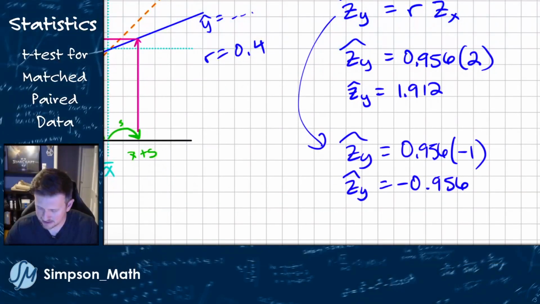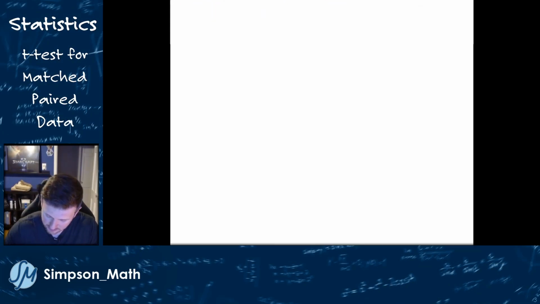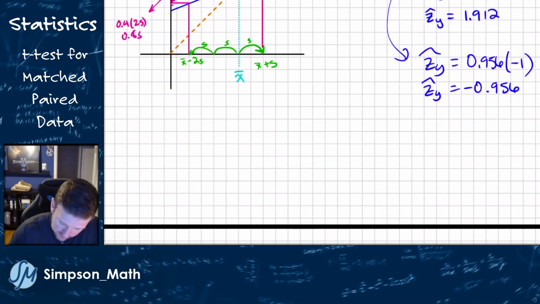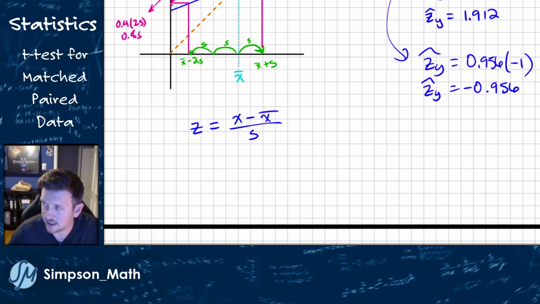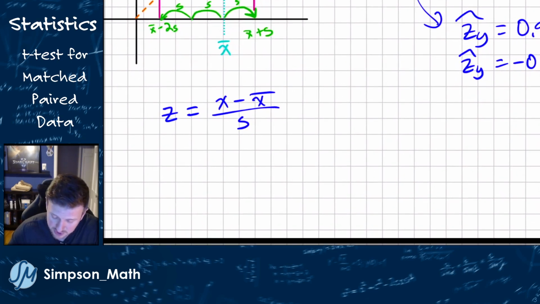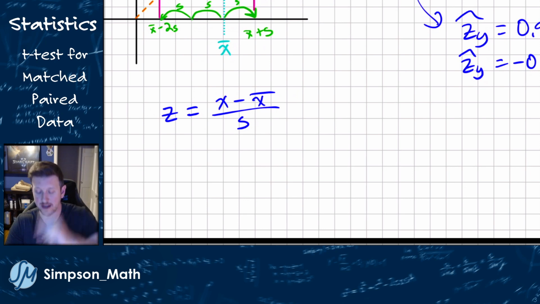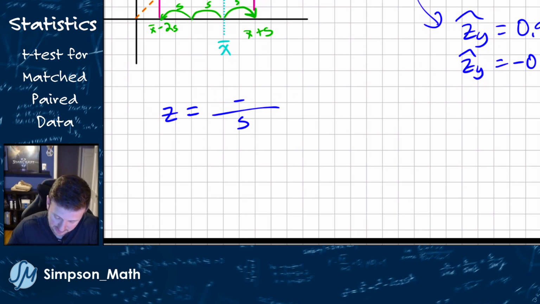The first one is conceptual. Let's just talk about z-scores, because that's what we're doing here. Recall that the z-score formula is z equals some observed value minus the mean, over our standard deviation. I'm going to make 2 adjustments because I'm talking about y values. My x is 2 standard deviations up, and I'm predicting about the y. So I'm going to change this to y and y hat.